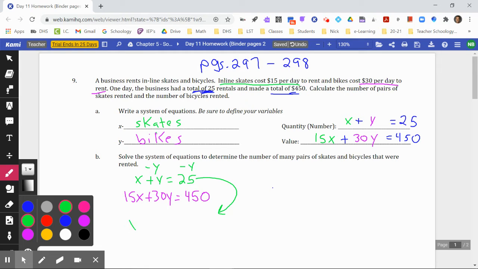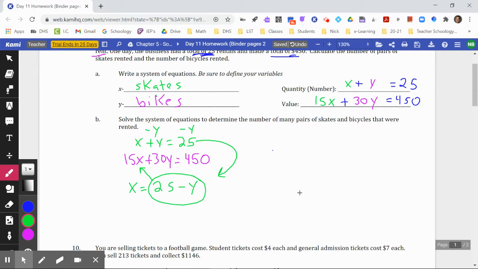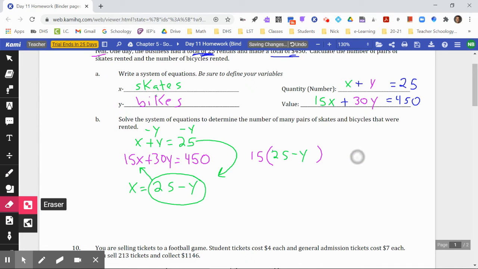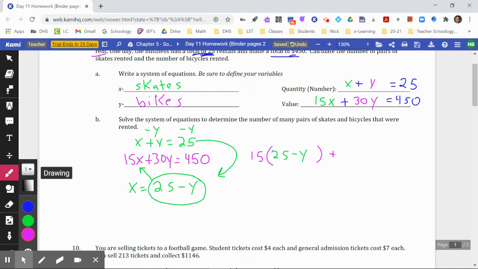We're going to get X is equal to 25 minus Y. Now I'm ready to substitute 25 minus Y in for X. So when I do that, I'm going to get 15 times the quantity of 25 minus Y plus 30Y. I almost forgot that piece. Is equal to $450.